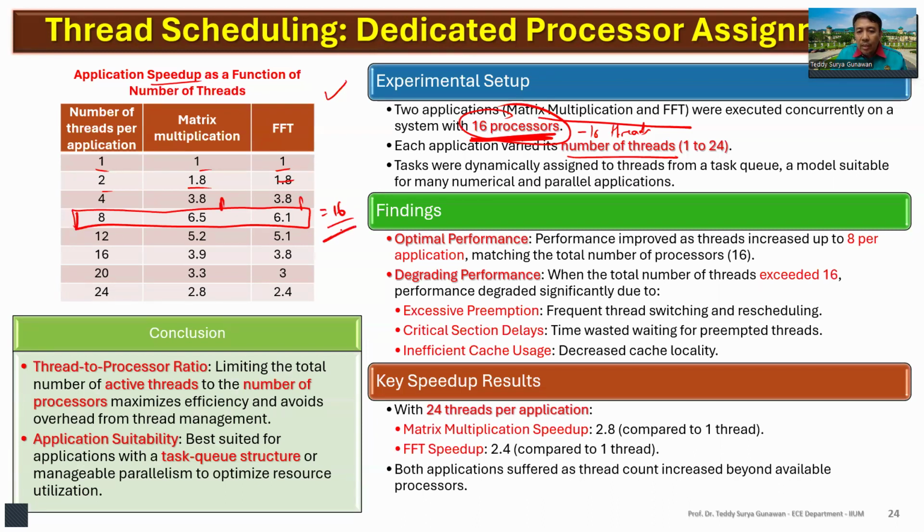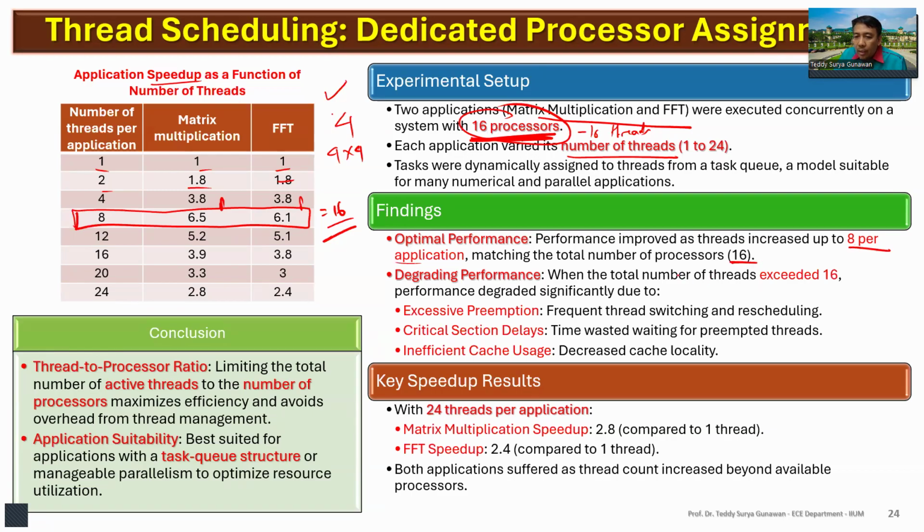So you match 16 active threads for 16 processors. What if you have 4 applications? Then it may be 4 each, because 4 times 4 is 16, and so on. So the optimal is matching the total number of processors, 16.